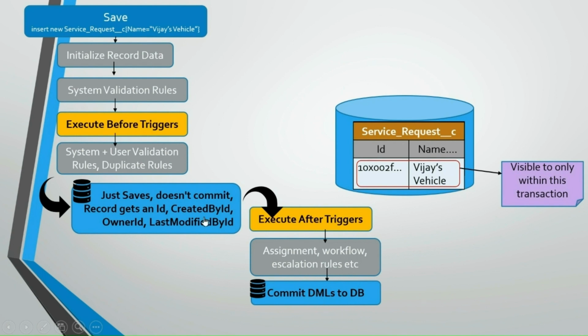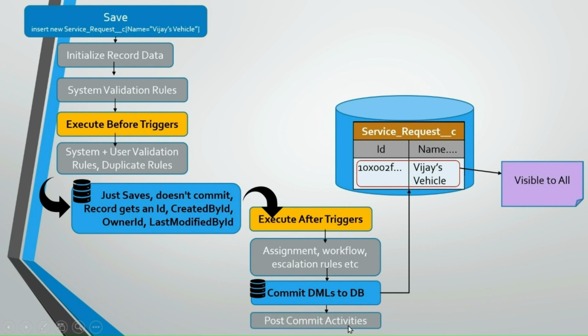That means at this point of time, this saved record is going to get committed and it will be visible to all others. Since the record got committed at this step, this record is visible to all from now on. After this, Salesforce executes post-commit activities.